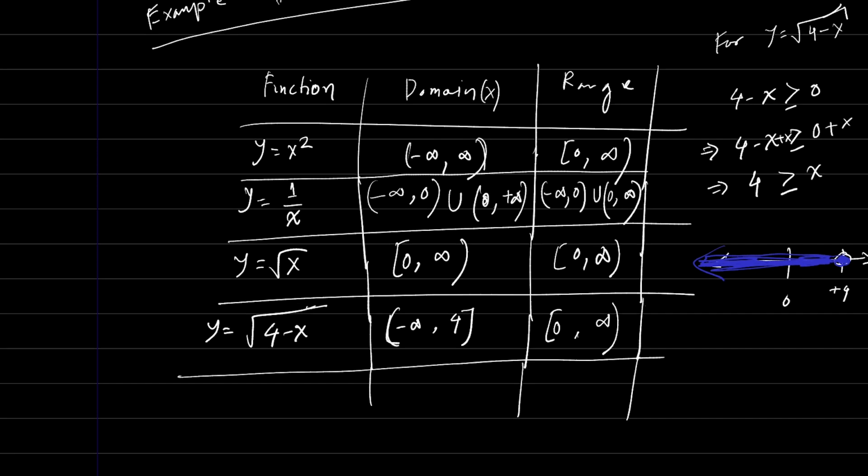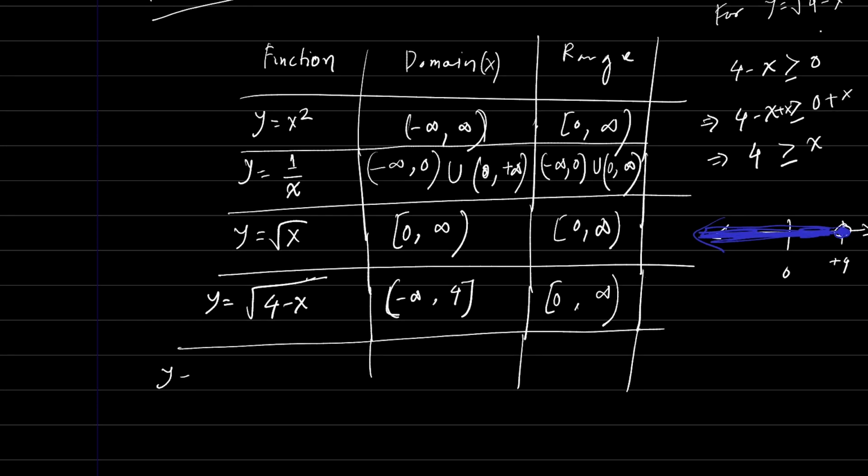So let's consider another, more complicated one. y is equal to square root of 1 minus x square.